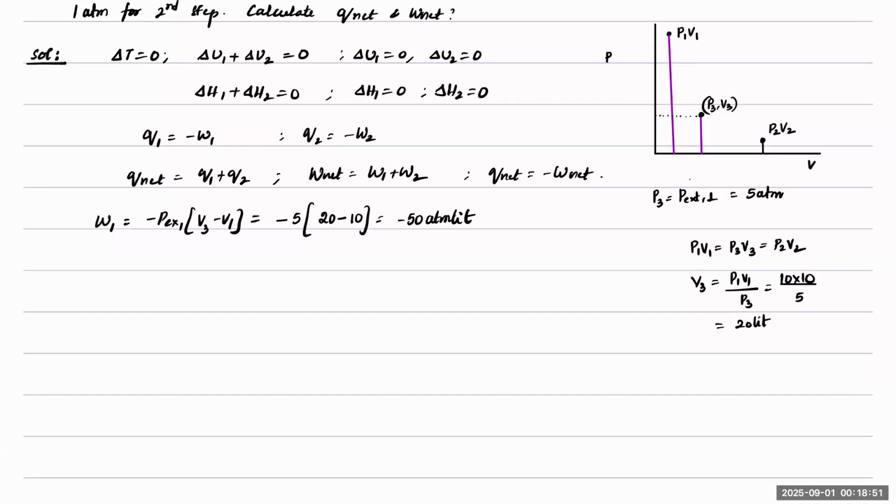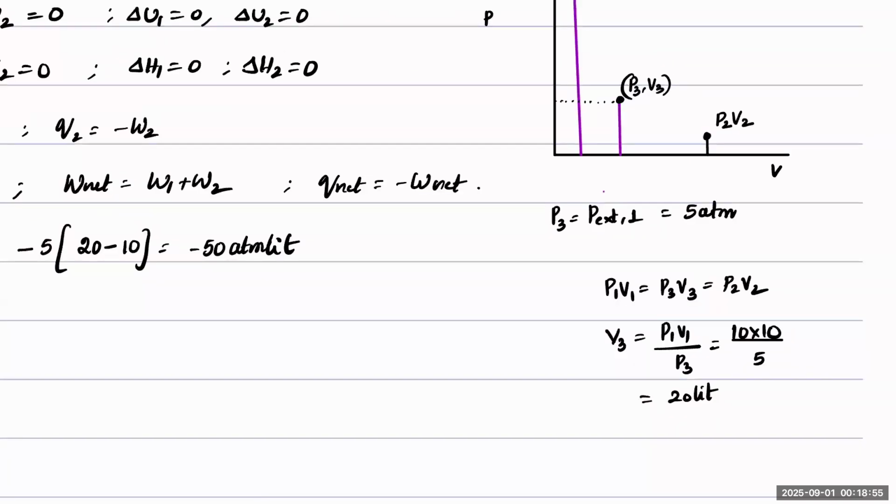Acha, graphically, how do we measure this work done? See, if you notice carefully, this is the area we are looking at. Yes or no, everyone? So this area will be exactly 50 atm liter units.